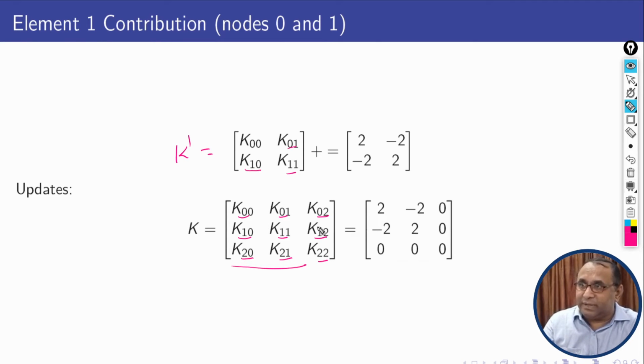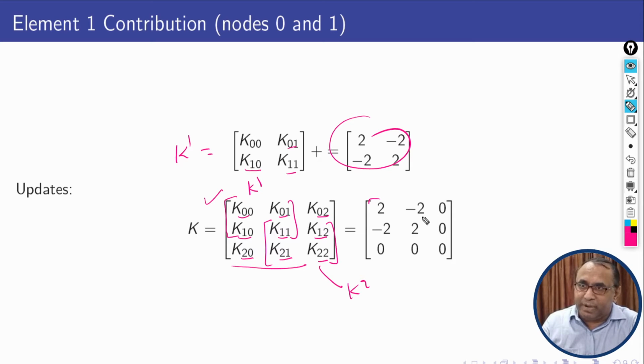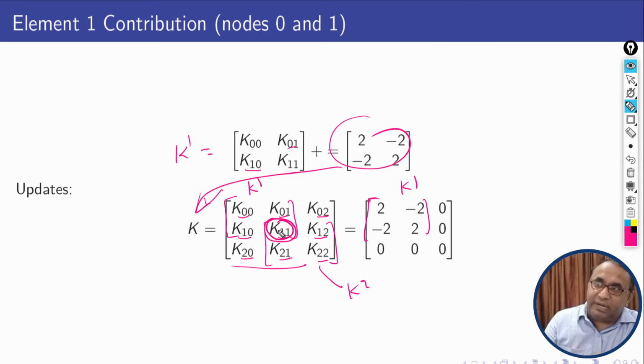So these elements are here, and keep in mind this submatrix is K1, and this submatrix is K2. When we update this element in this matrix, we have 2, minus 2, 0, minus 2, 2, 0, 0, 0 and 0. So when we update this matrix, which is 3 by 3 order, this is K1. Also you need to note that this value will appear in K1 as well as K2.